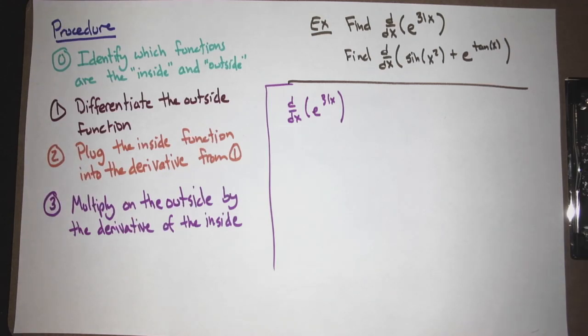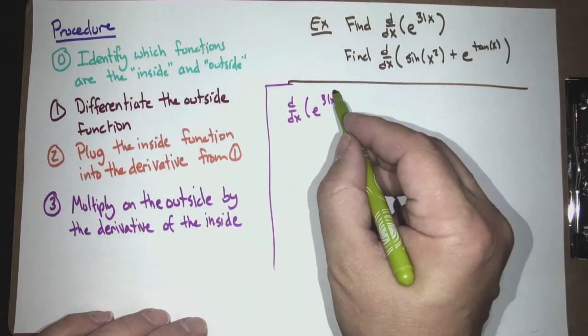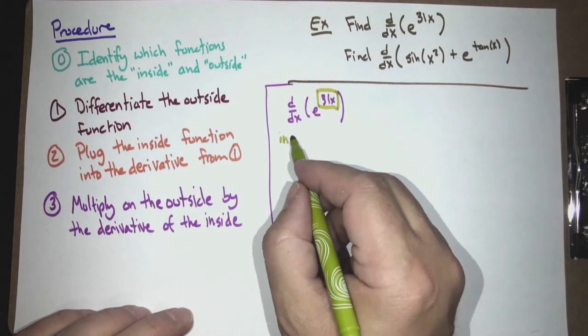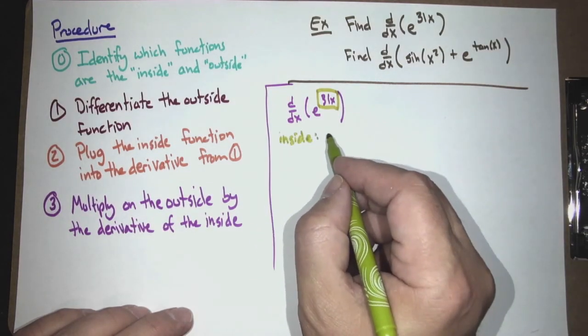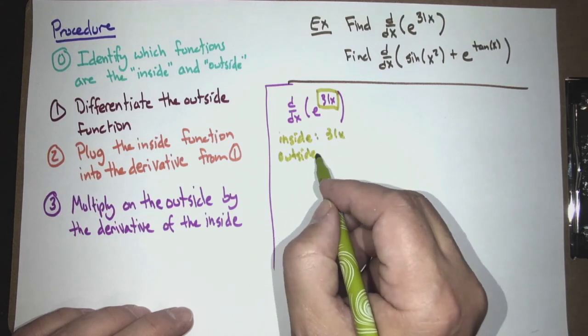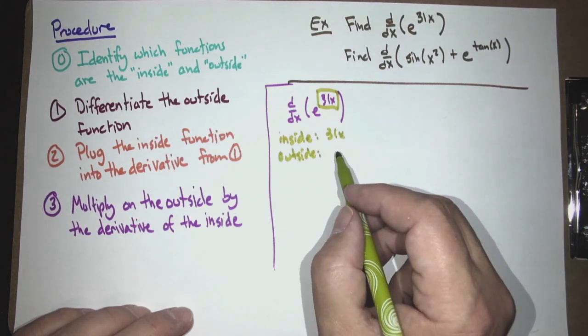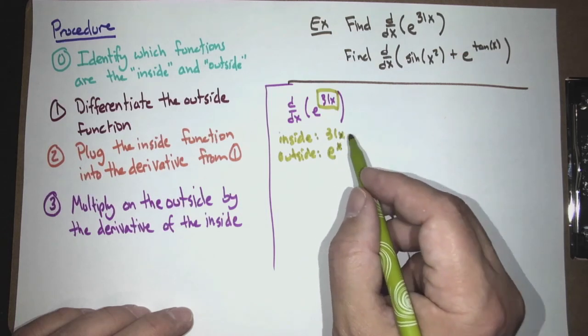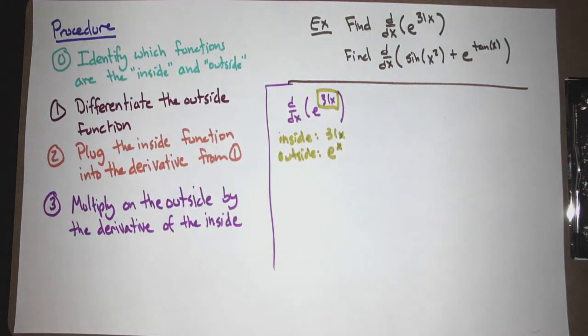Okay, someone has suggested our inside function is 31x. So the function on the inside is 31x. What's our outside function? So our inside is 31x. Our outside, what was it? E to the power. We'll call it x.